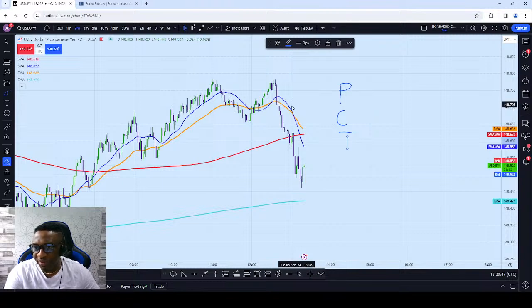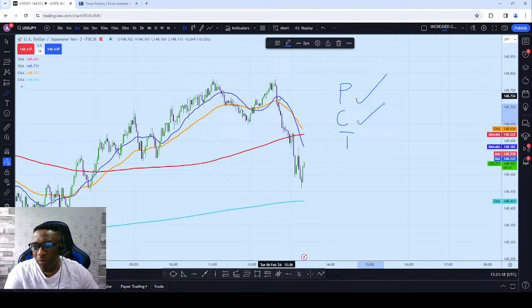So position-wise, we want to sell, so that's correct. Dominant color, as we can see, the power, the purple line or the red line, whichever one you have on your chart, is pushing down. The dominant color is definitely the purple candle, or what you have on your chart is red.